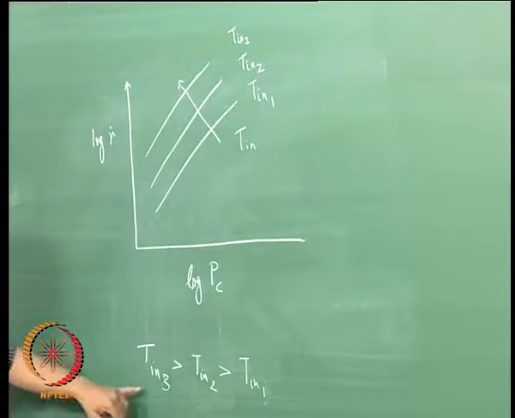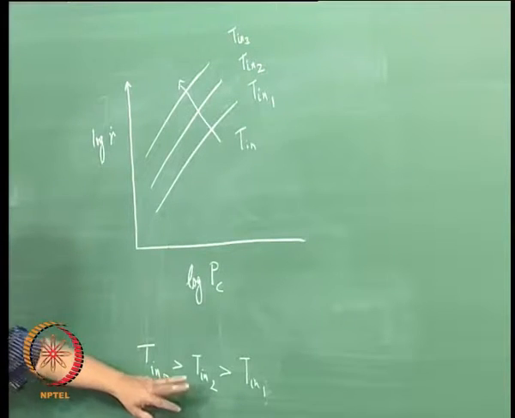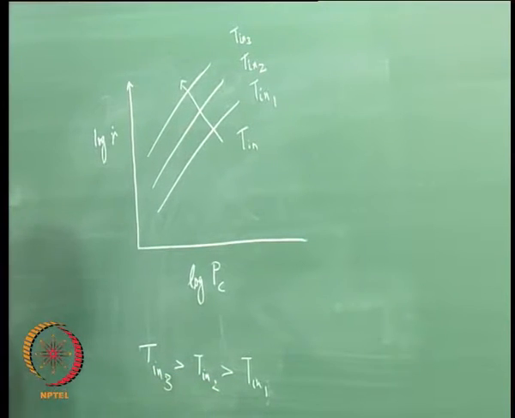So, the initial temperature 3 is greater than initial temperature 2, which is greater than initial temperature 1.